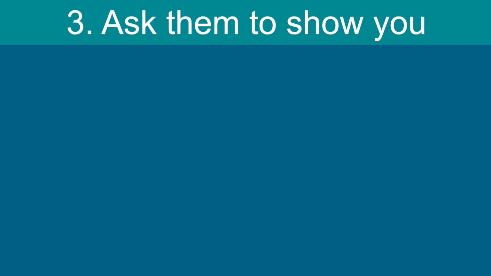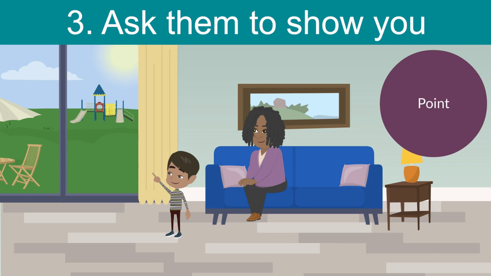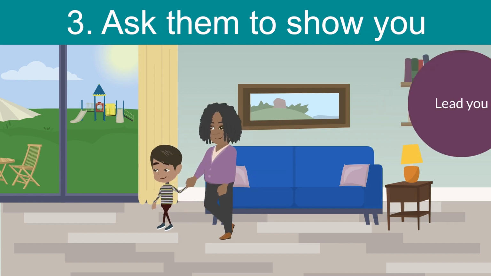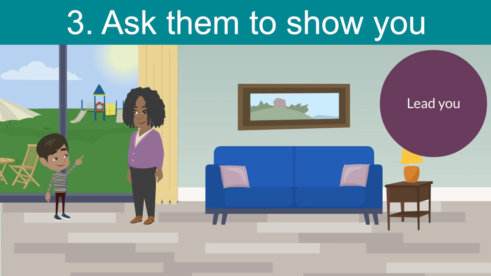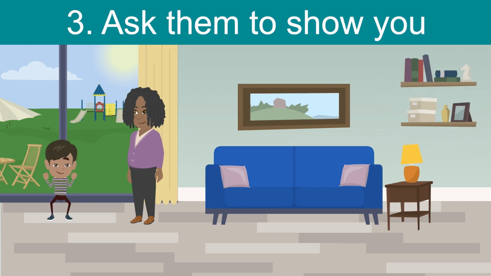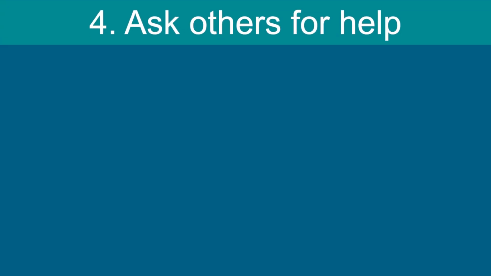The third thing to try is to ask them to show you. Encourage your child to point, bring something to you, or lead you somewhere. Sometimes they will even act out what they need. The fourth thing you can try is to ask others for help.